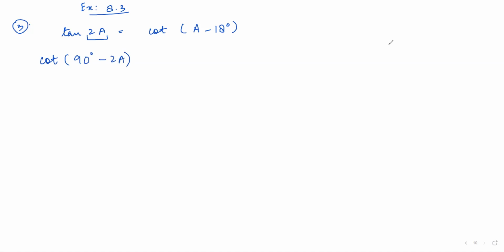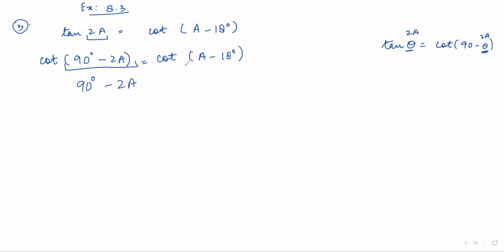Yes, ma'am. Yes, because tan of theta is cot of 90 minus theta. So whatever you have here, 90 minus, you get it here. So if I have 2a here, I have to put 2a here, right? So this becomes 90 minus 2a is equal to cot of a minus 18 degree. This implies that this angle is same as this angle.